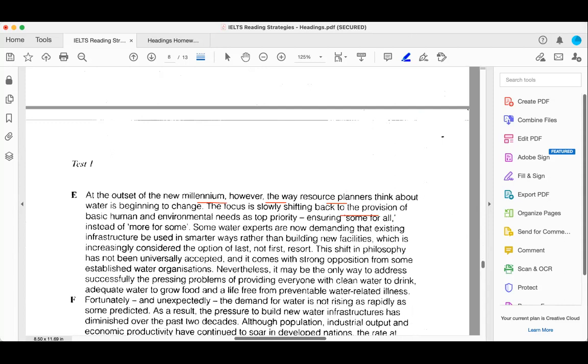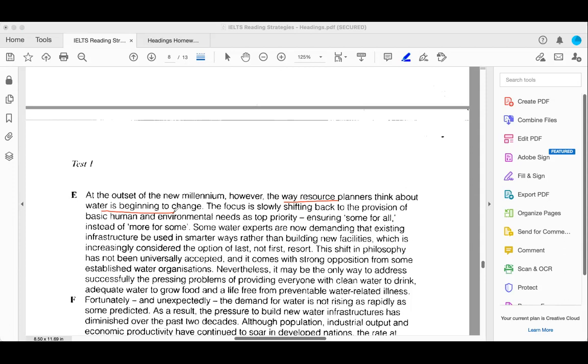What's the main sentence in paragraph E? Resource. So the way resource planners think is changing, right? The way resource planners think is changing. Is that clear? Yes.